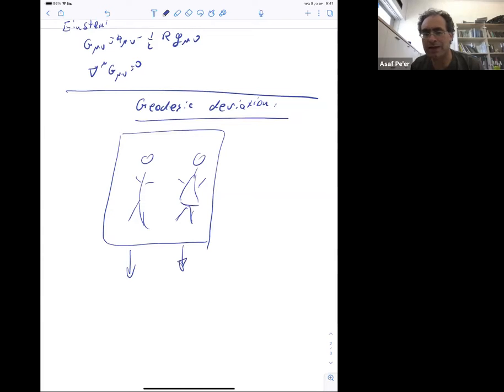I said that at first order approximation, they cannot, because for every experiment that they do, the effect of gravity will cancel. But then I said that in fact, they do have a way of knowing that they are freely falling in the presence of a gravitational field, or to be more precise, a non-uniform gravitational field, by the fact that they are both attracted to the center of Earth.